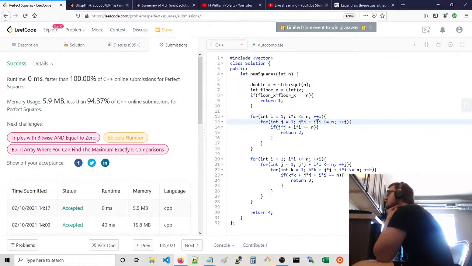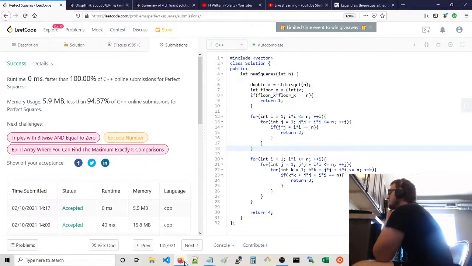It's potentially a square root plus a square root, right? Square root of n times square root of n. This is potentially linear, and this is also potentially super linear.